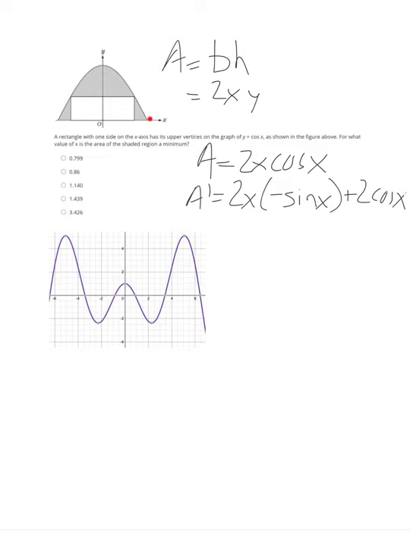Well, because the given graph is cosine, I know that this value is pi over 2. So I'm going to stop looking at pi over 2, which is somewhere between 1.5 and 2.